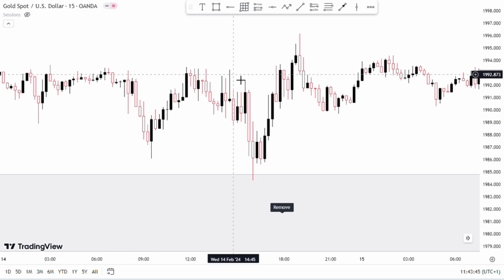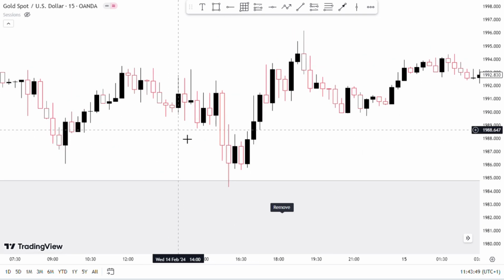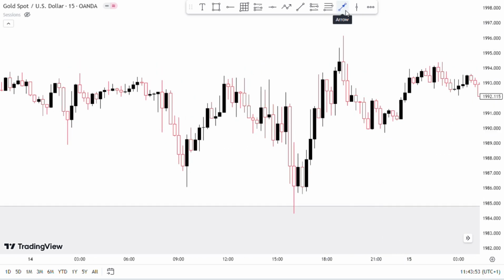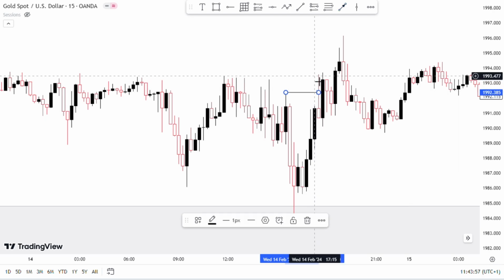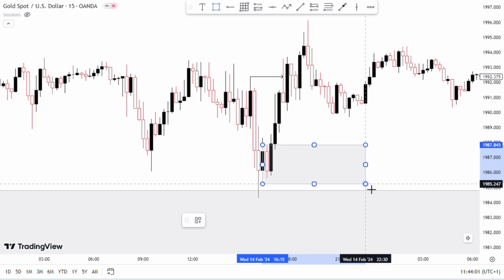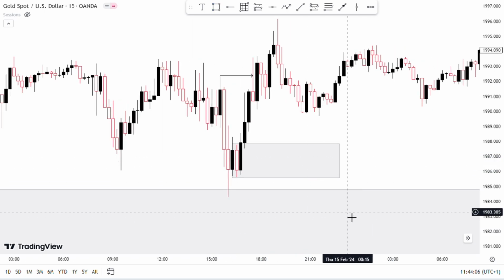So price ended up breaking this previous high here. You can see that price broke this high, and what's responsible for the break is this single order block here. Even though price doesn't return back to this order block, it's possible for you to miss this particular trade if you don't use this very big trade.